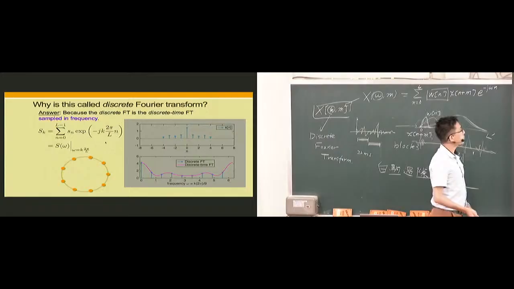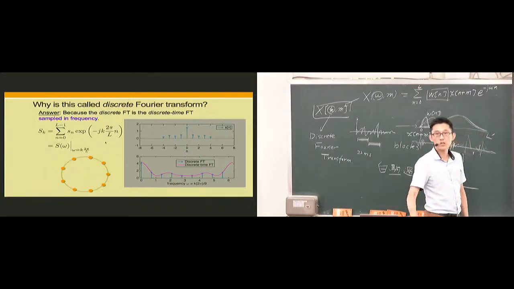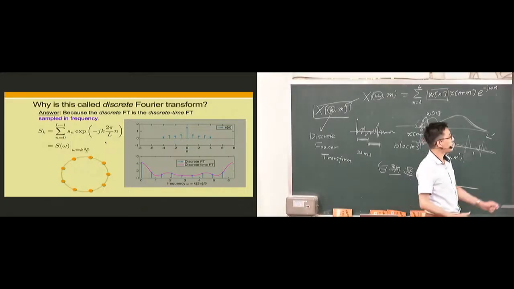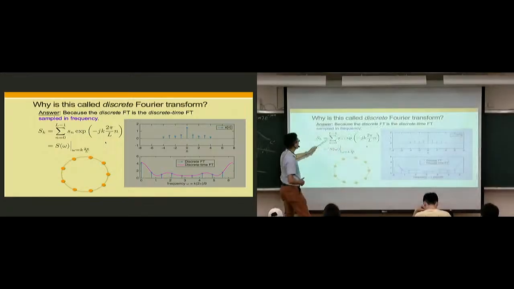So let's explain why this is called the discrete Fourier transform. The terminology could be confusing, right? There is the discrete-time Fourier transform, DTFT, and to further confuse ourselves, there is the discrete Fourier transform, DFT. So why is this version called the discrete Fourier transform? Because the DFT is the DTFT sampled in frequency.